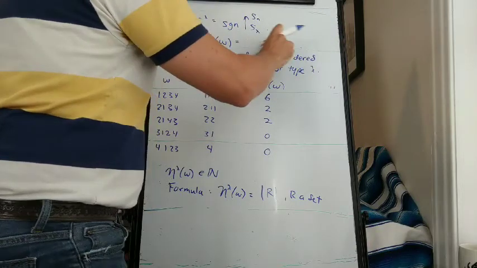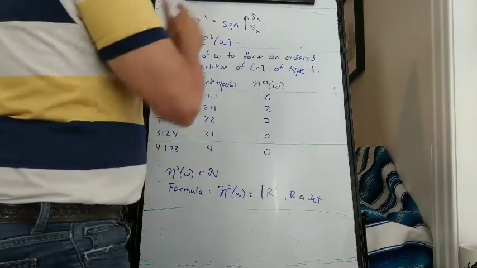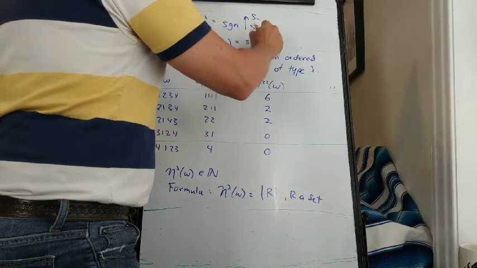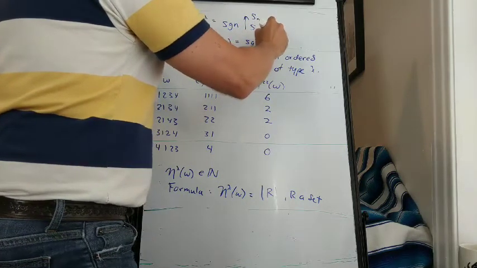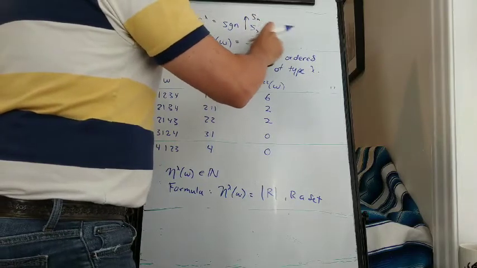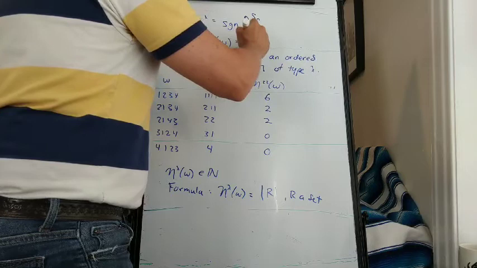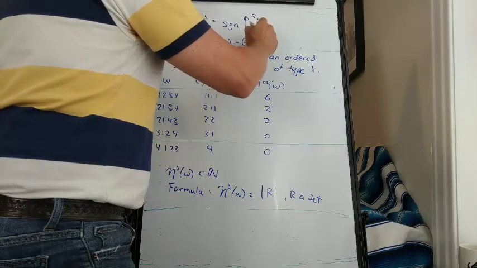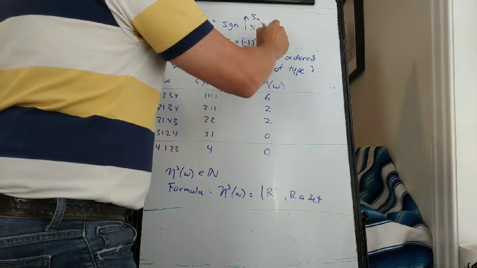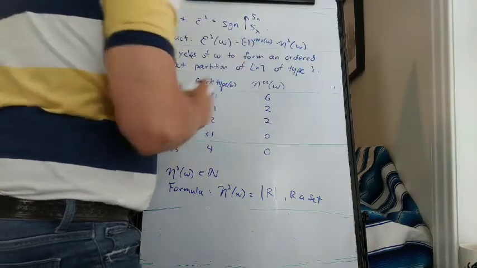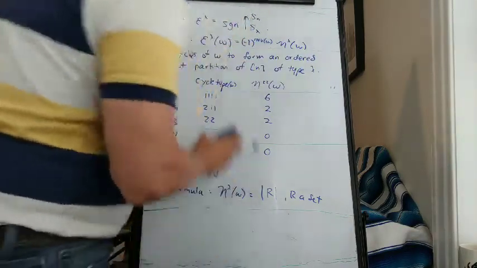It turns out that a formula for eta lambda of W is the sign of W, which I'll write as -1 to the number of inversions in W, times eta lambda of W, which we just computed.